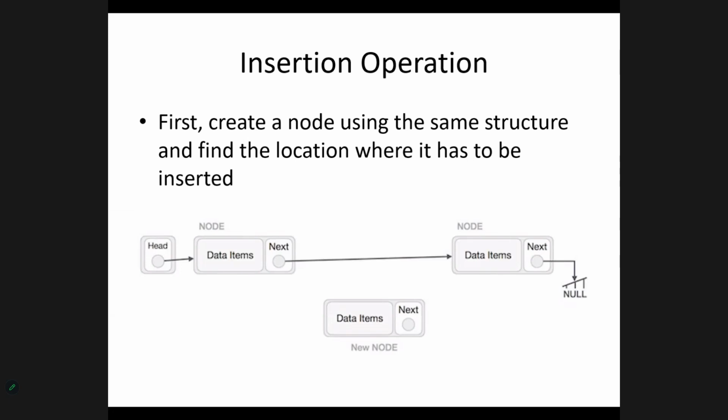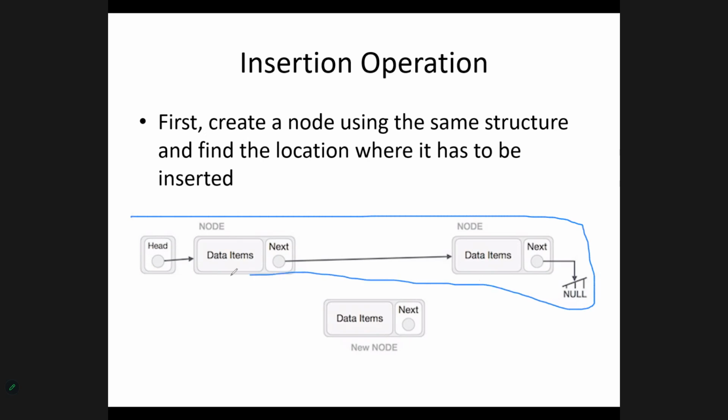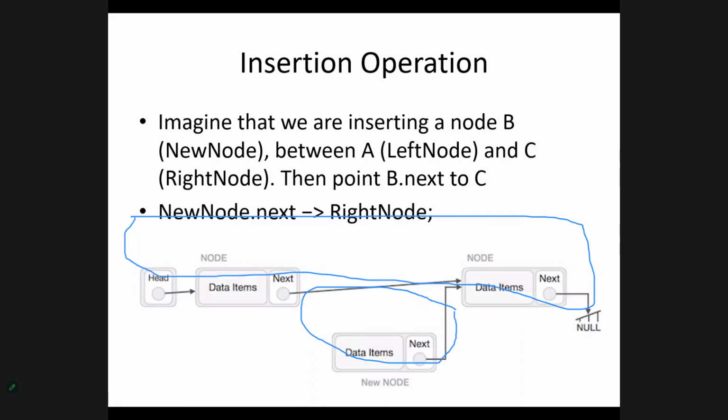In insertion operation. So this is the existing, so this is the given linked list, and this is the node we are going to insert, new node. So what we will do is very simple, right?